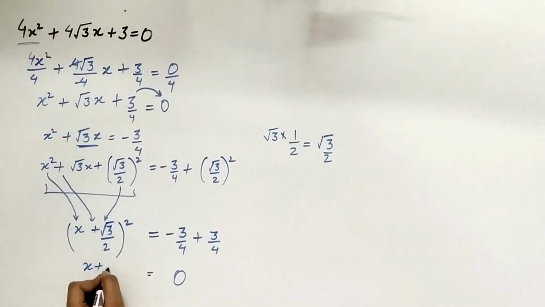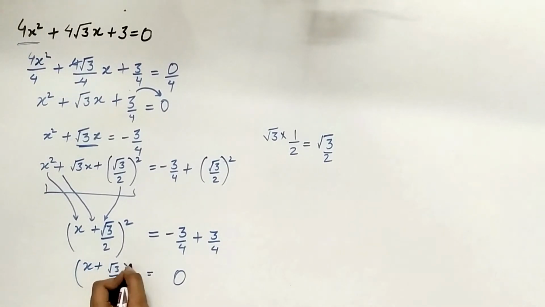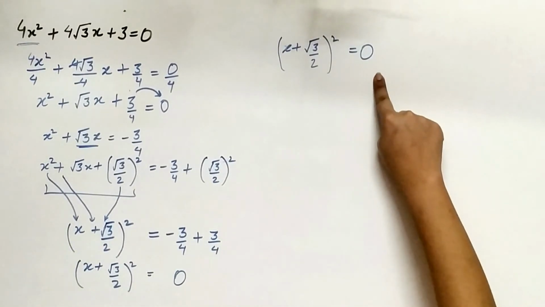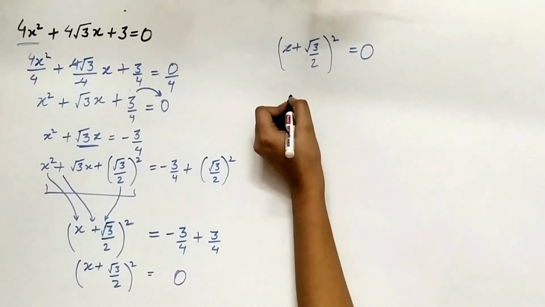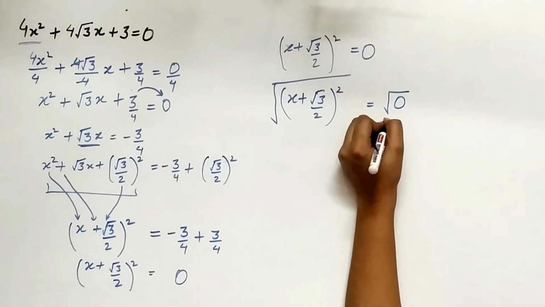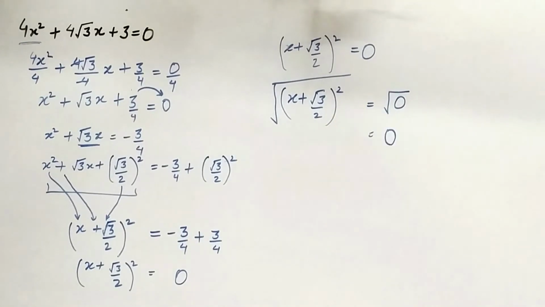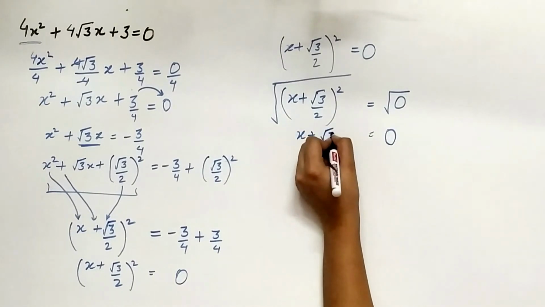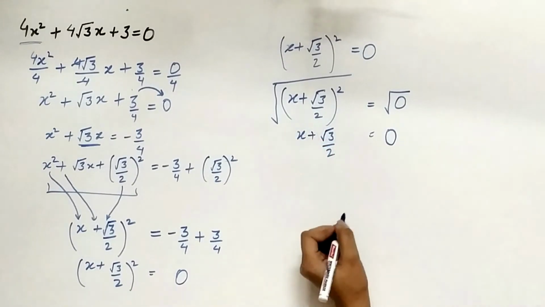So x plus root 3 by 2 whole square is equal to 0. What was the next step? To square root both sides of the equation. Now, square root of 0 is plus minus 0, equal to x plus root 3 by 2.